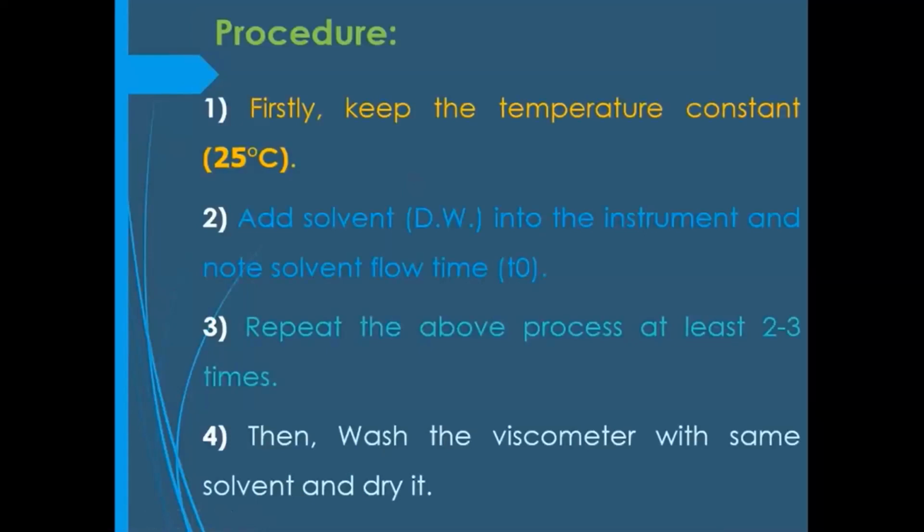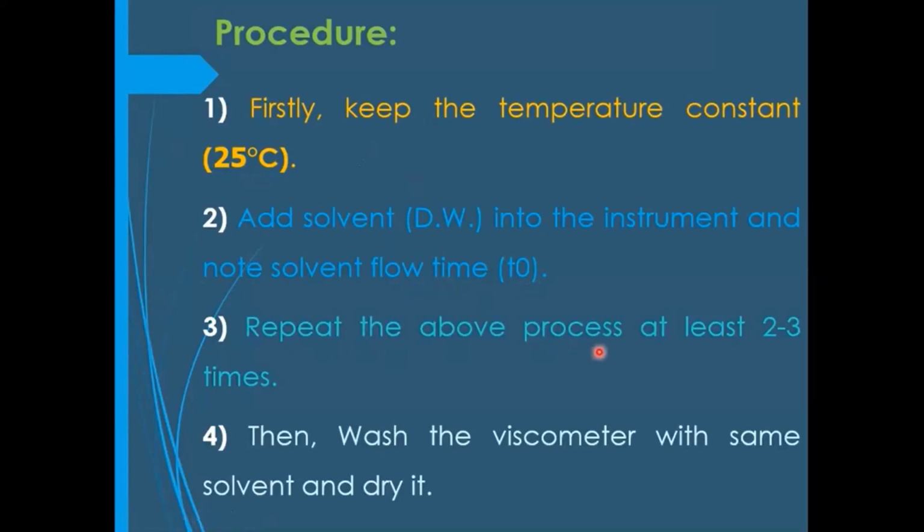So firstly, keep the temperature constant at 25 degrees centigrade in the water bath, and then add the solvent, distilled water, into the Ostwald viscometer and calculate the flow time, t naught.